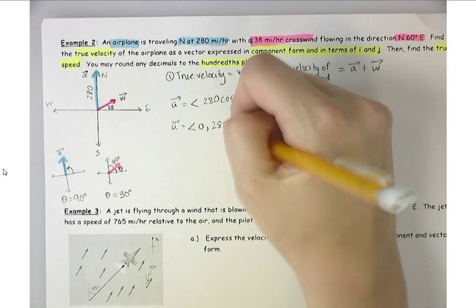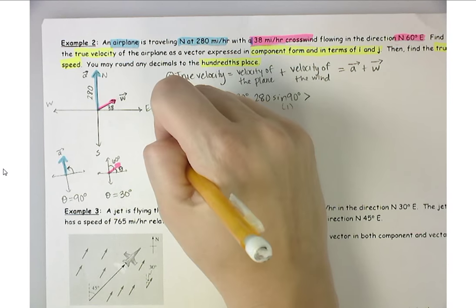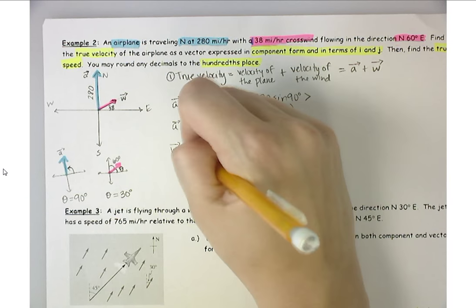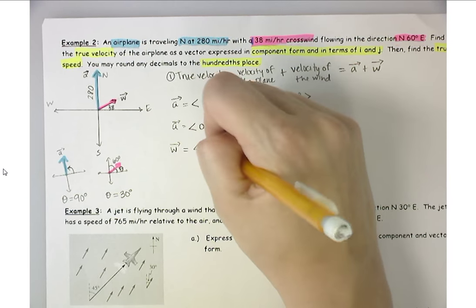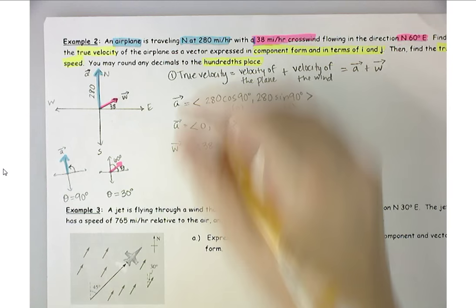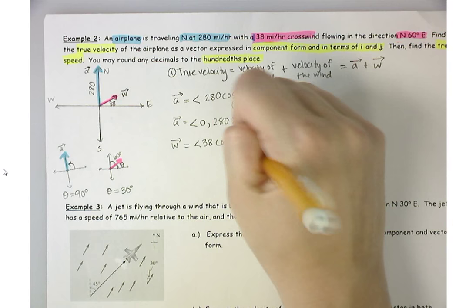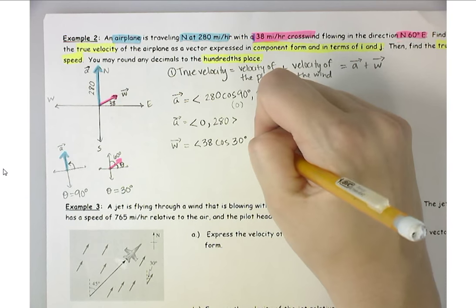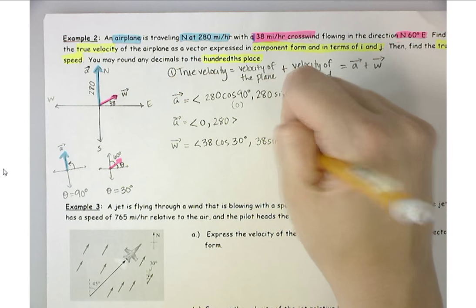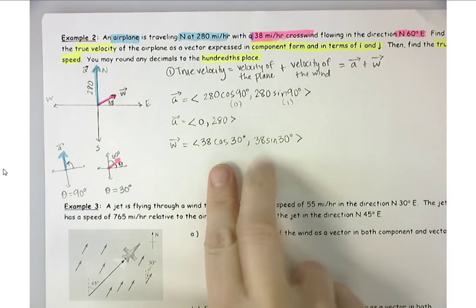Now I'm going to find the velocity of the wind. So to calculate it, I'm going to use the magnitude times the cosine. We decided that this was 30. If you accidentally use 60, your horizontal and vertical components would be flip-flopped.